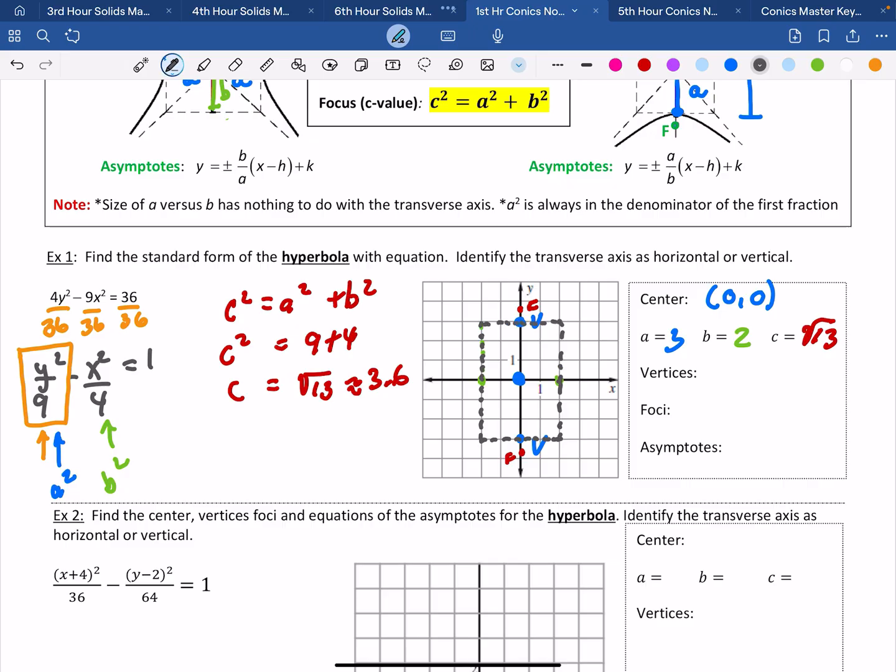And then the vertices, we can go ahead and identify those and label them. You are 0 plus or minus 3. And that's just your major ones there. You're not going to do anything on left to right on this one. Your foci, you have your 0, if you were to name it, 0 plus or minus square root of 13.